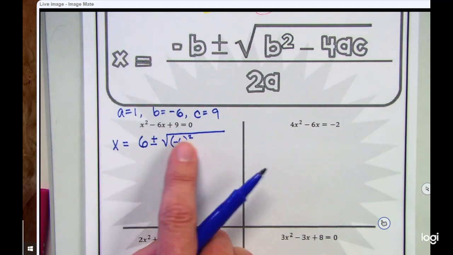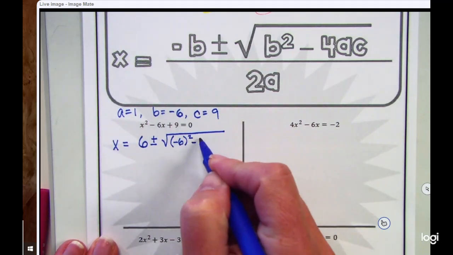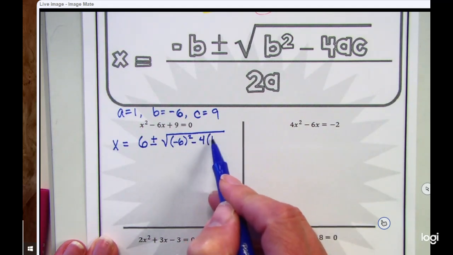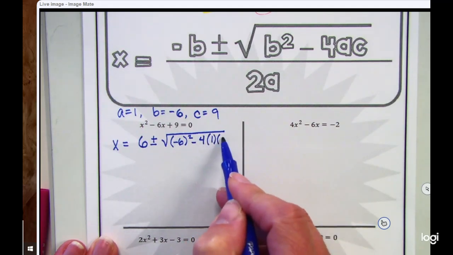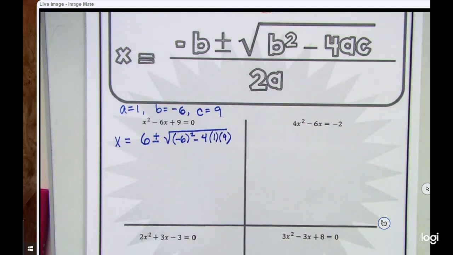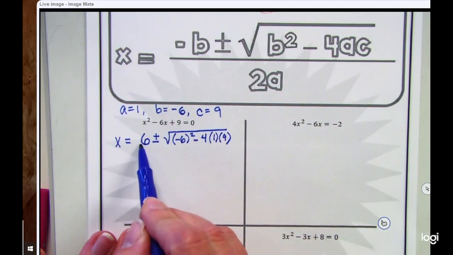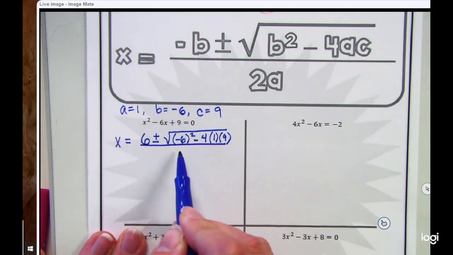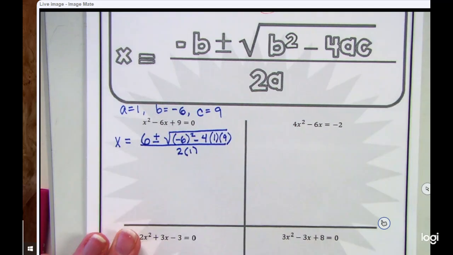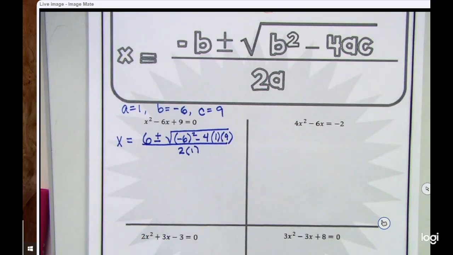So there's my b squared minus 4 times a c. I'll let you get caught up. And that is all over 2a. Yep, 2a.